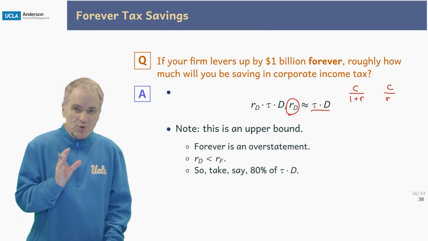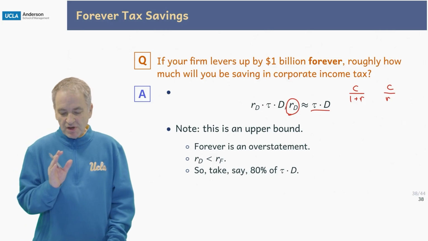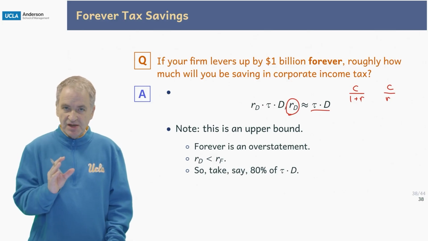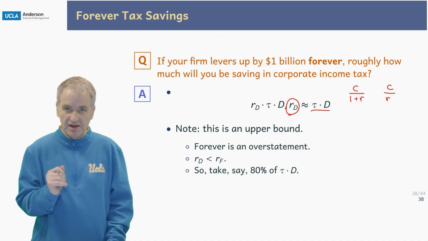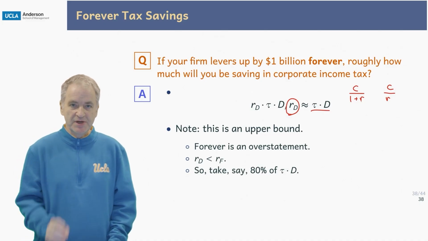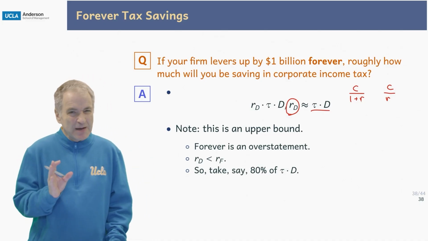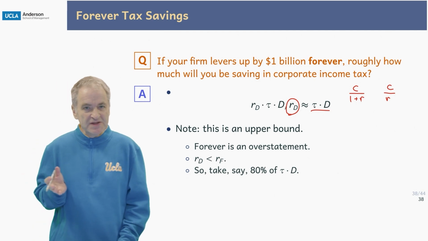So, order of magnitude, we are calling the present value of the tax shield that you're getting, tau times capital D. This is an upper bound. So forever is an overstatement.